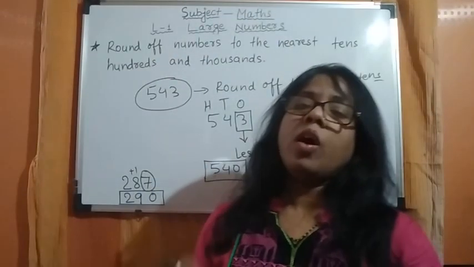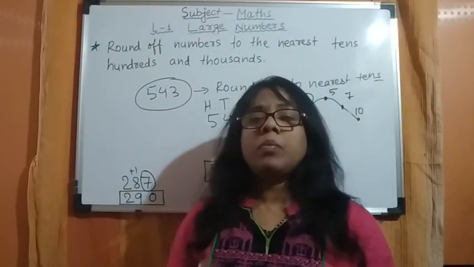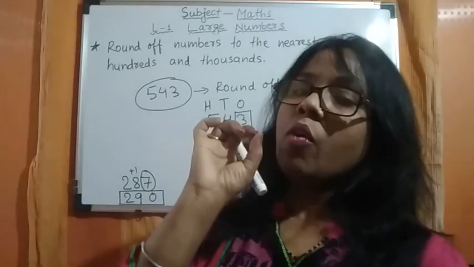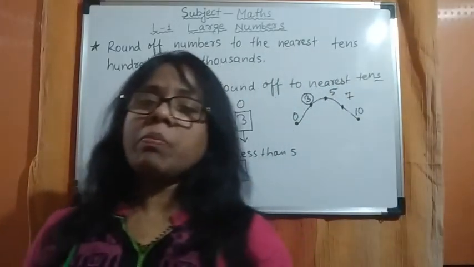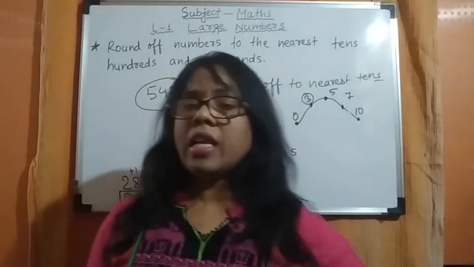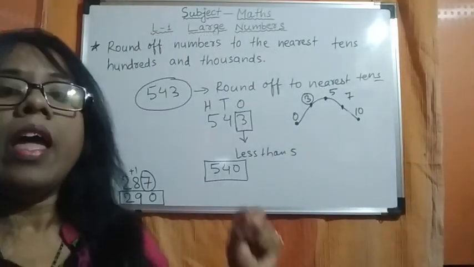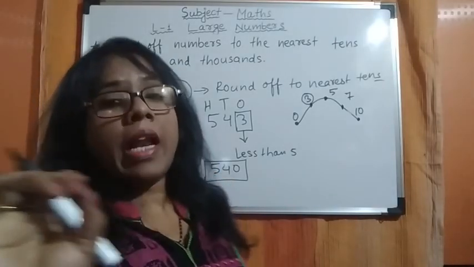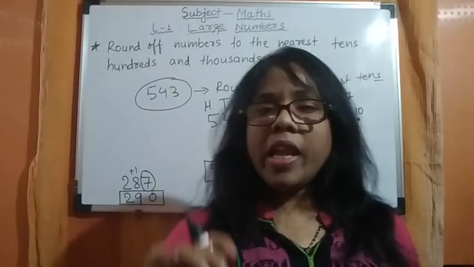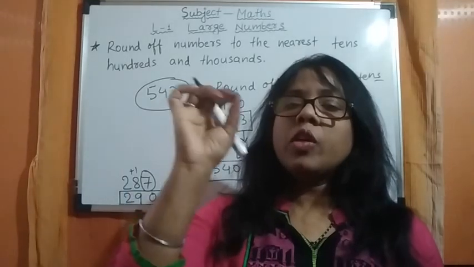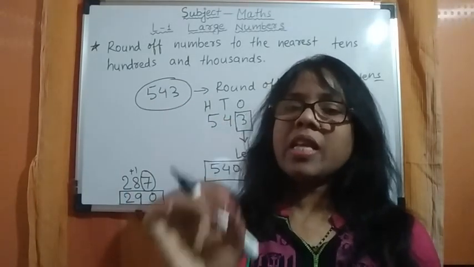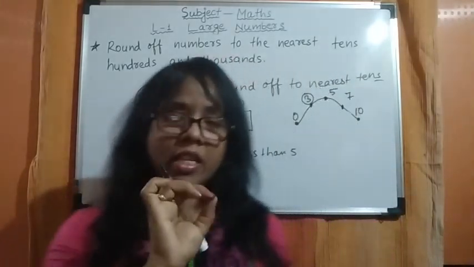So rounding off to nearest 10, you have to check the number which is at 1's place. If 1's place number is less than 5, you have to put 0 at 1's place. If the number at 1's place is 5 or more than 5, you will put 0 at 1's place and add 1 at 10's place.